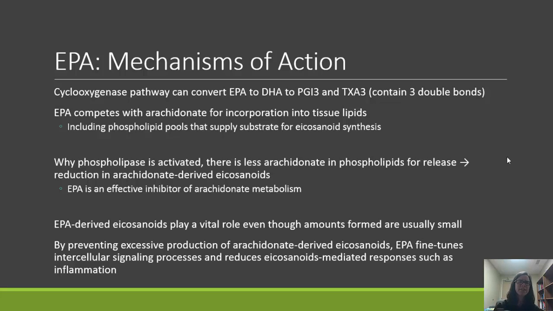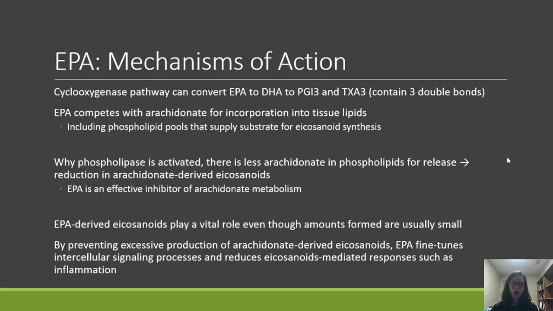So in this indirect way, EPA is an effective inhibitor of arachidonate metabolism into arachidonate-derived eicosanoids.